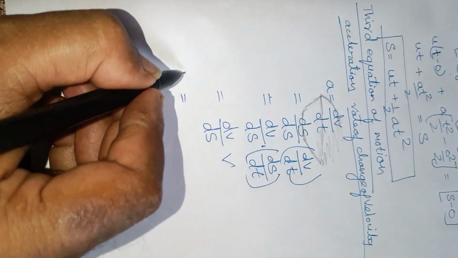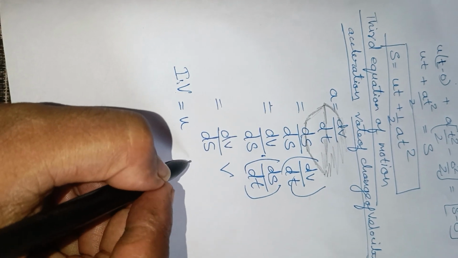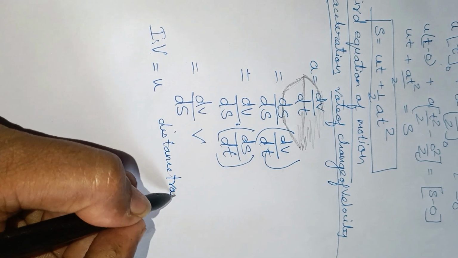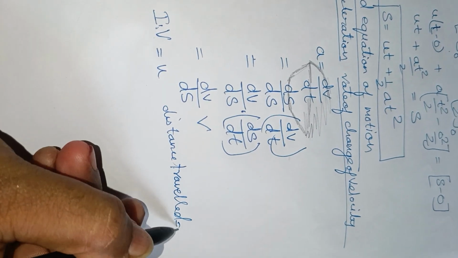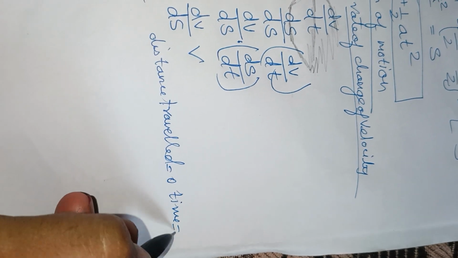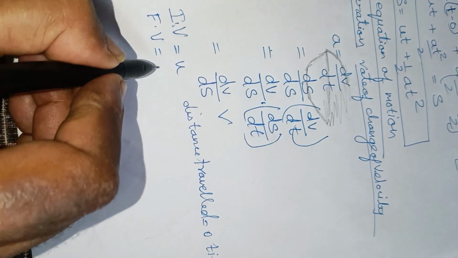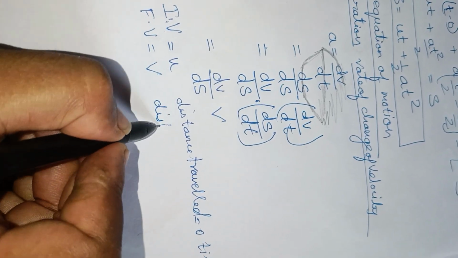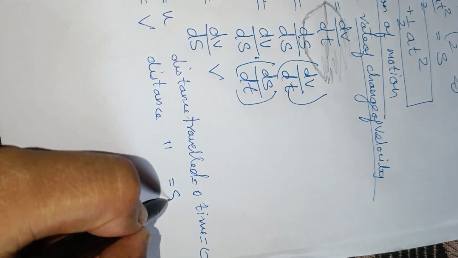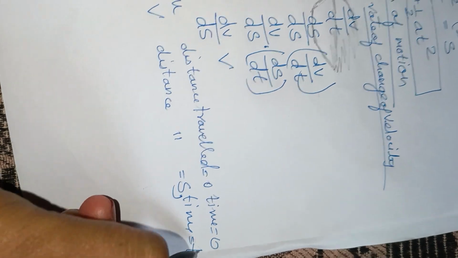So if my initial velocity is u, then distance traveled equals 0 and time also equals 0. Similarly, when the final velocity is v, the distance traveled will be s, and the time duration we can say is t.